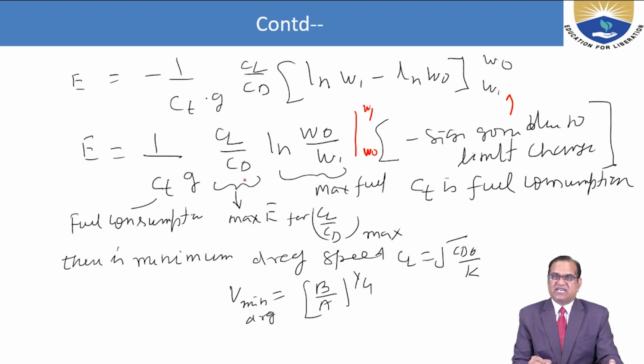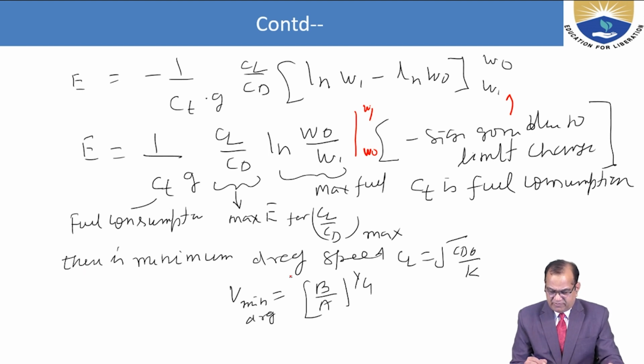CL by CD is your aerodynamic property, and W naught by W1 is your structural property. So here we have how much fuel is consumed. So to have maximum E, your CL by CD should be maximum. That is the importance of this.